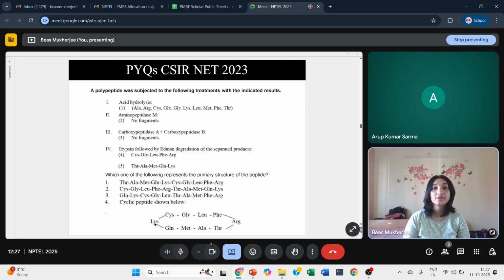Based on your understanding of all of these different reactions, you will have to predict the initial structure of the peptide. This is how questions come, and this is how you're supposed to solve them. Three of the options are linear and one option is a cyclic peptide. So let us look at the answer.